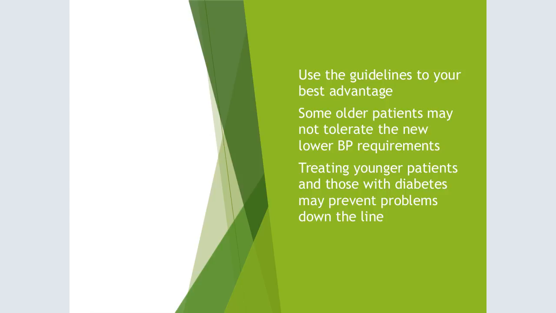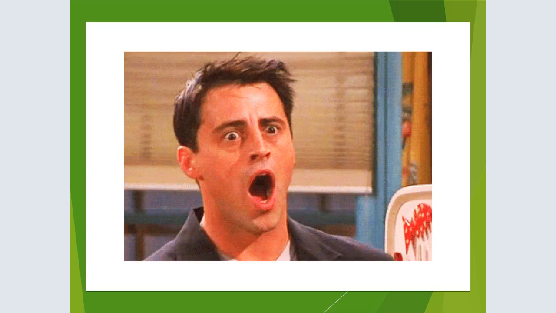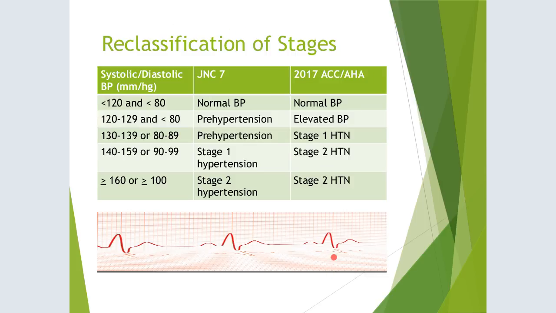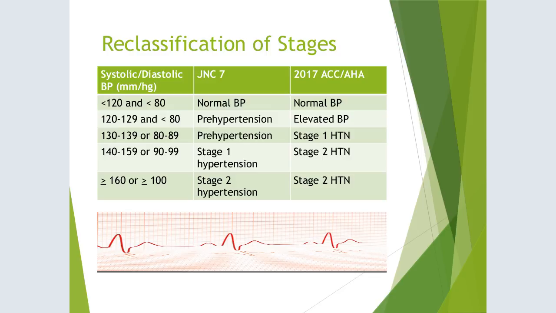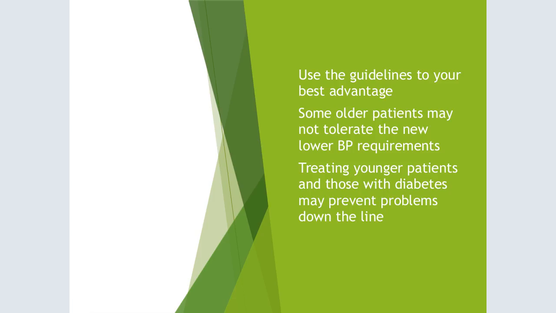But younger patients, and younger patients with diabetes and middle-aged patients with diabetes, if you are aggressive with them and treat them to these guidelines, then you may prevent a heart attack down the line.